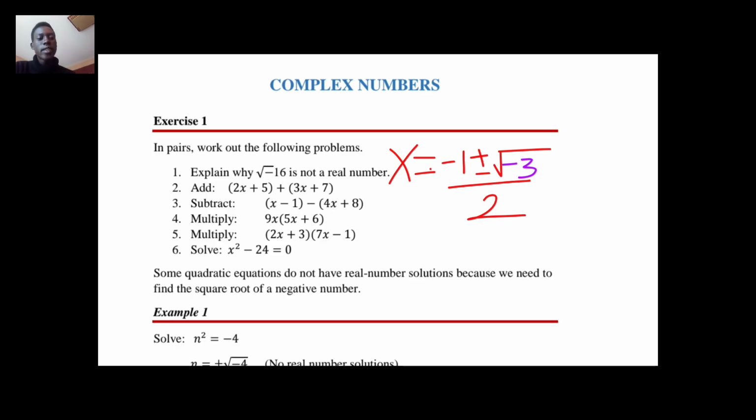When you look at this quadratic equation, the final solution here cannot be solved easily because of the root of a negative. So you cannot further go to find the square root of -3. That's why complex numbers have been introduced to solve this kind of quadratic equations that do not have real number solutions.